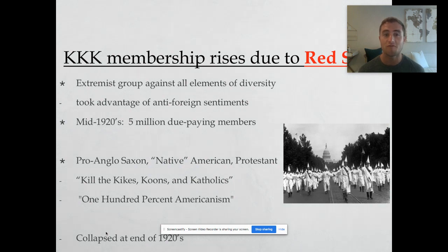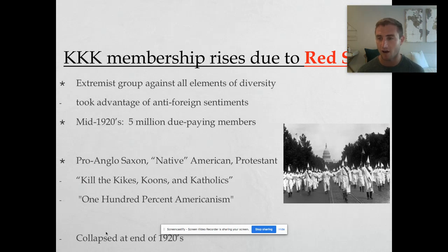We have 5 million due-paying members in the United States in this time period, and they were so powerful, they actually controlled part of state politics. Illinois had several due-paying members of the KKK, and to a lesser extent, Oklahoma and Texas.